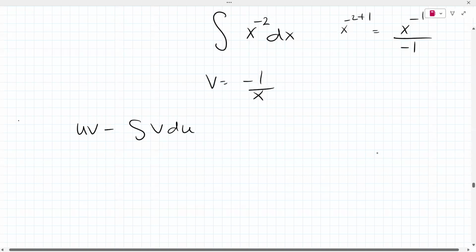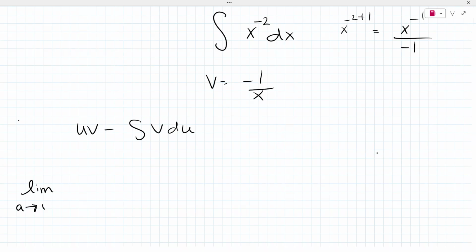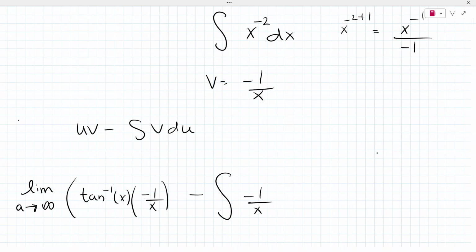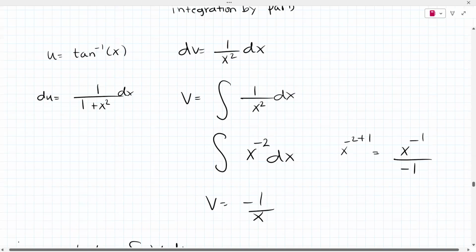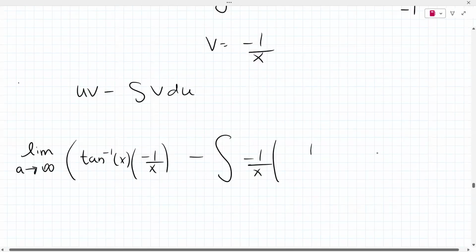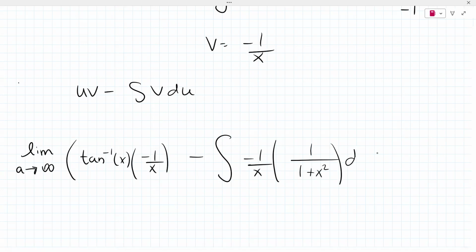So it's the limit as a approaches infinity of tan inverse of x times negative 1 over x, minus the integral of negative 1 over x times 1 over 1 plus x squared dx.